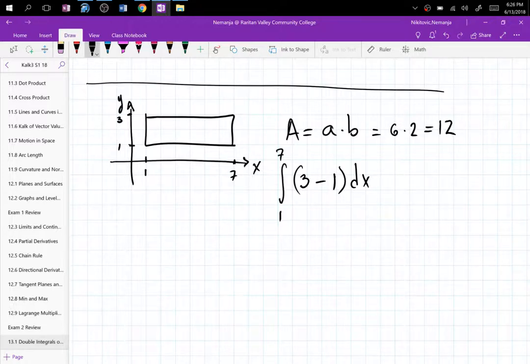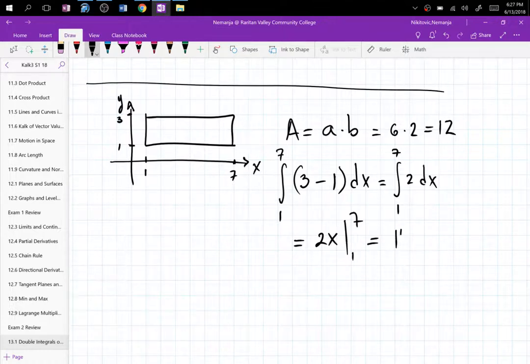It's a top function minus the bottom function. This is a simple Calc 1 area between two curves. Top curve minus the bottom curve, and we have 1 and 7 limits of integration because we go from 1 to 7 on a dx. What you have is integral of 2 dx, right, 1 to 7, and when you compute this integral, you get 2x computed from 1 to 7, which is 14 minus 2, and you get 12.